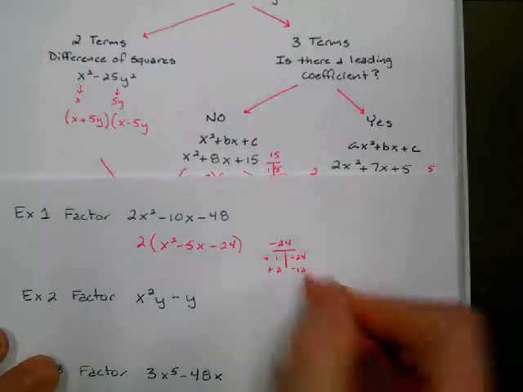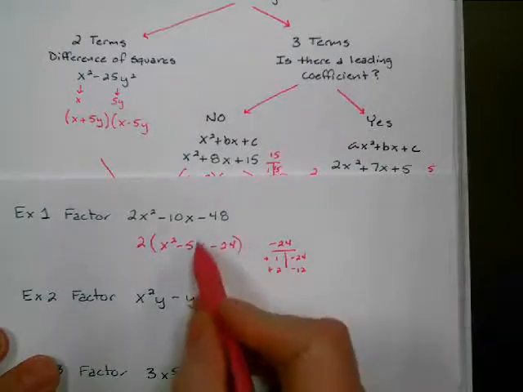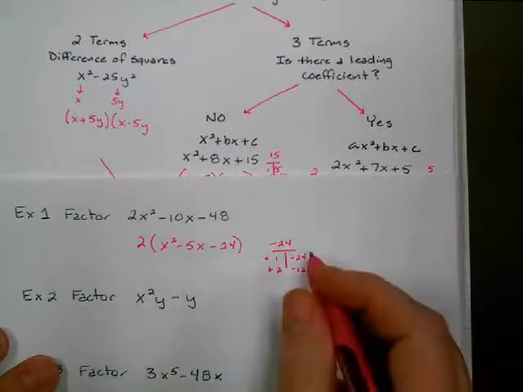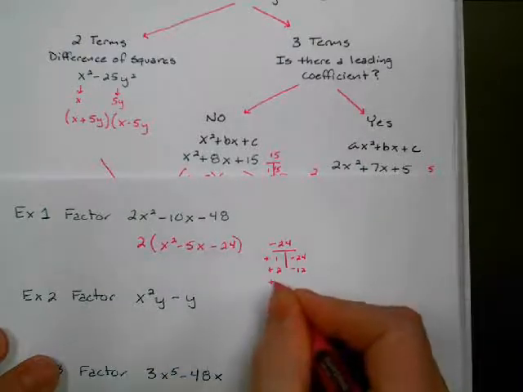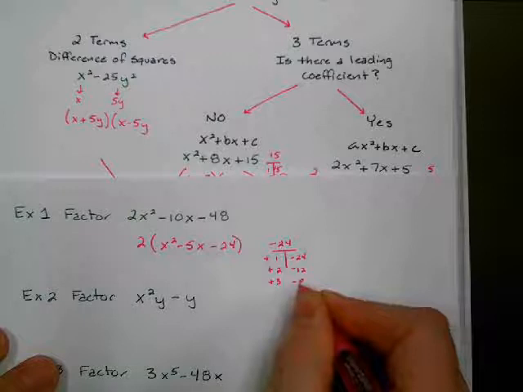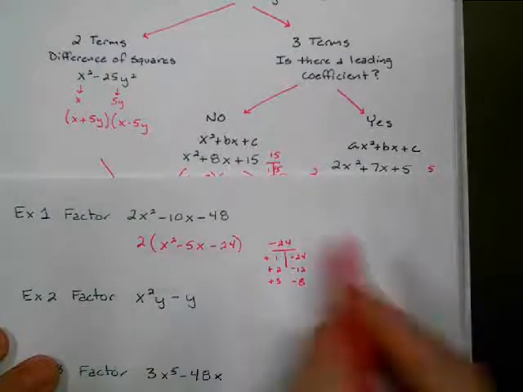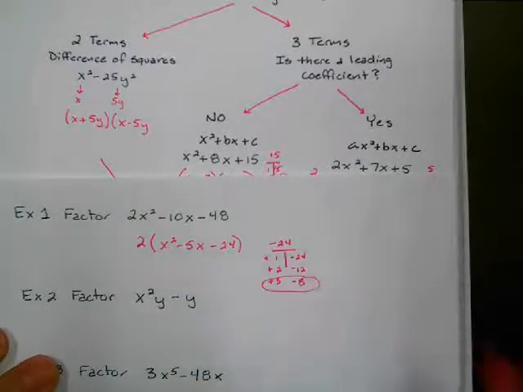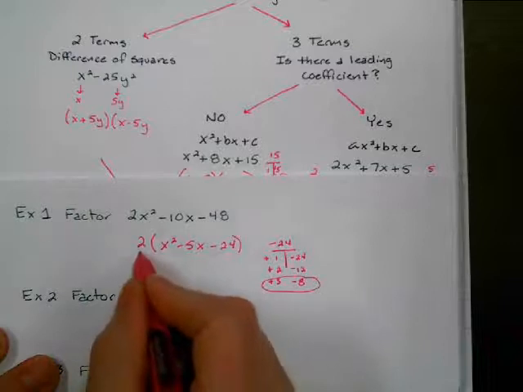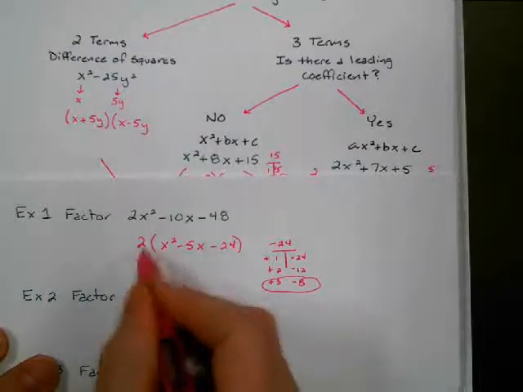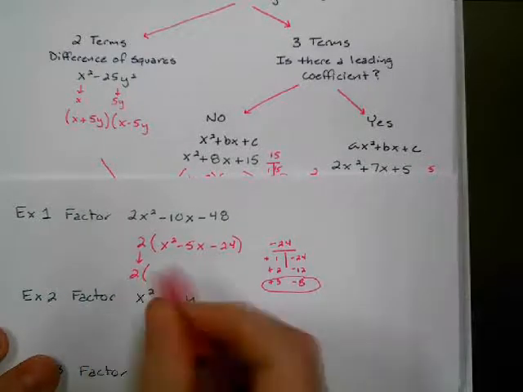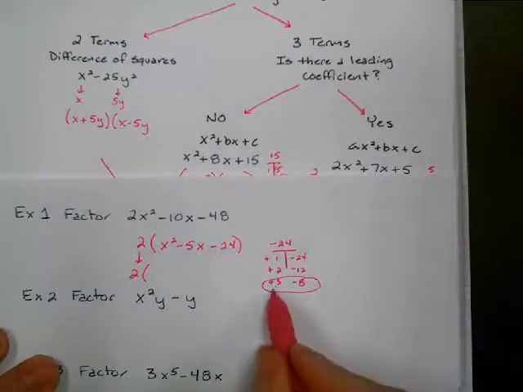That gives me negative 10. I'm getting closer to the answer, but not quite there. Let's try 3. Positive 3 and negative 8. Does that give me negative 5? Yes, it does. So you have to remember to keep the factor that you did earlier. And then the trinomial splits up into x plus 3, x minus 8.